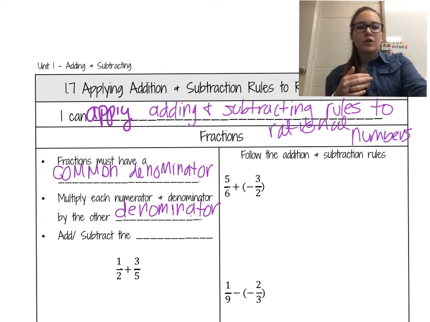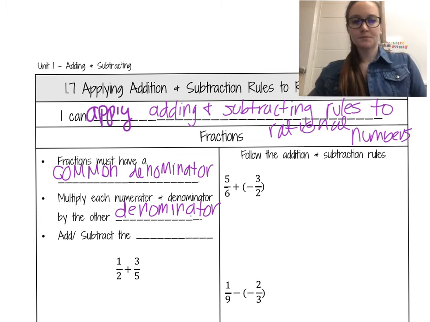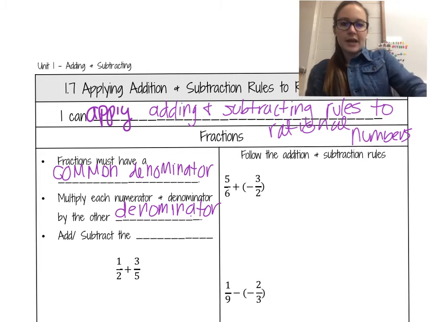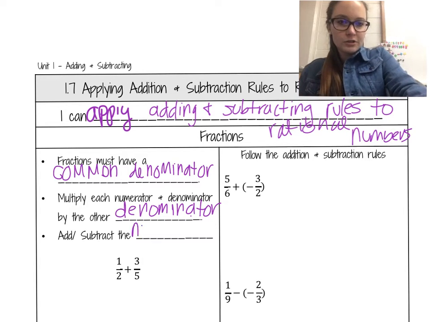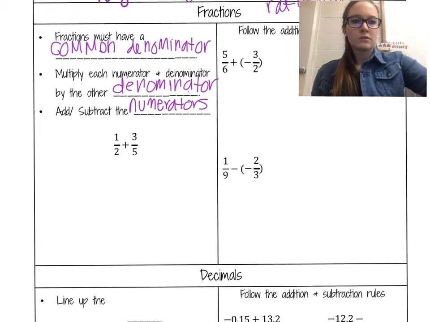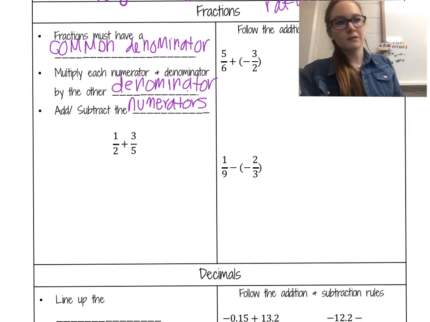Or you can go the least common multiple route if you see that they will share something. So like over here, I know that 2 times 3 gets me to 6. Okay? Either way works. So once they have a common denominator, you just add or subtract the numerators like normal. So let's do this example. 1/2 plus 3/5.